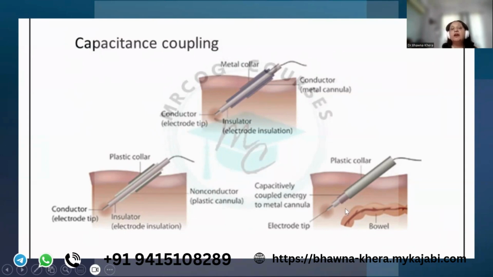Now, if your instrument has a metal and then there is plastic, so between this metal, this is an insulator, a capacitor is formed and energy is stored. But because it has a plastic collar, it is not going outside. So the area near this, the bowel, will be damaged.